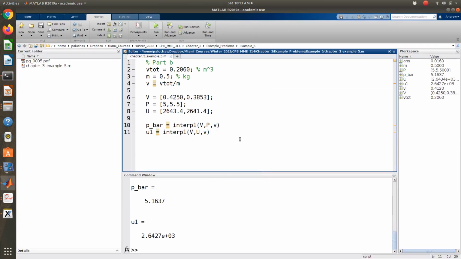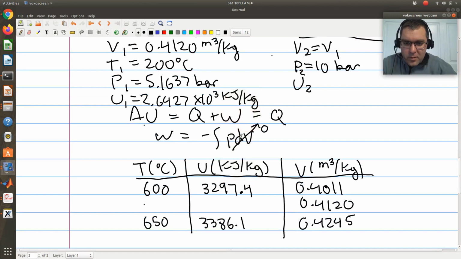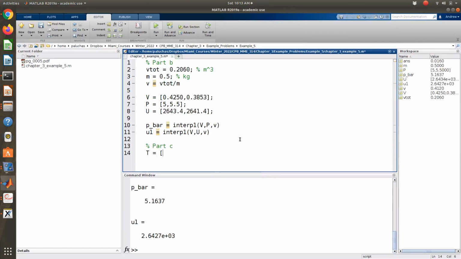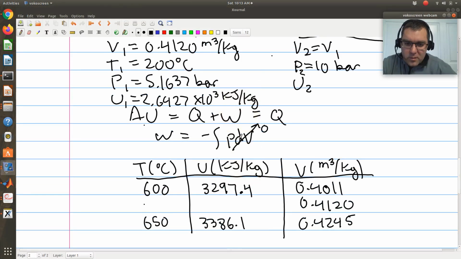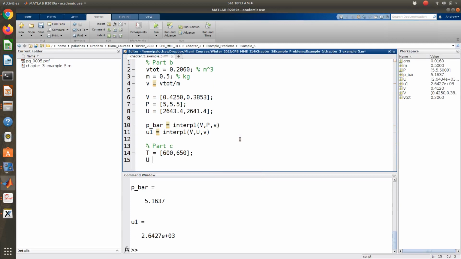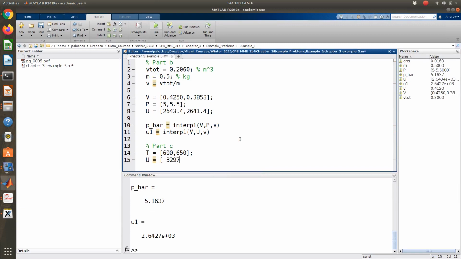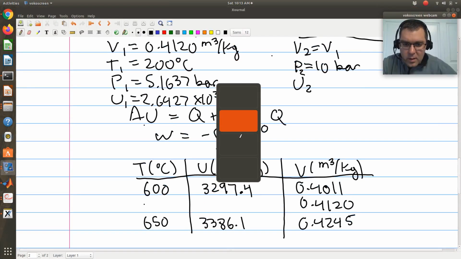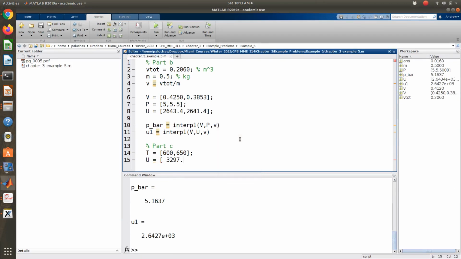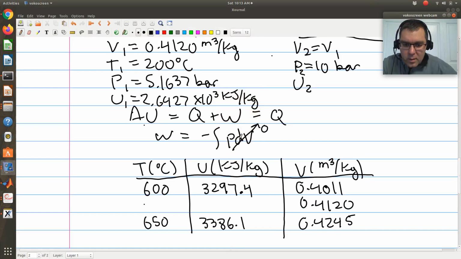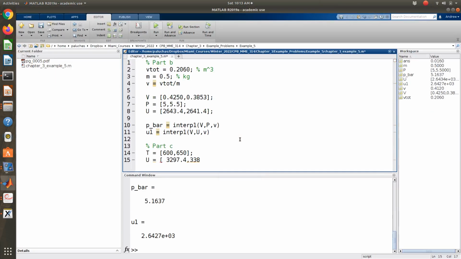So I'm going to come back up to MATLAB. Let me call this part C. Let's start. I'm going to create a vector for T, so 600 and 650. Then a vector for U. U is 3297.4 and 3386.1.